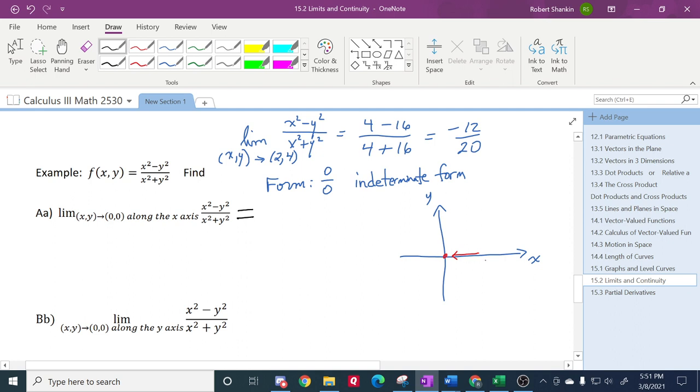If I'm on the x-axis, do I know something about either one of these variables, x or y?